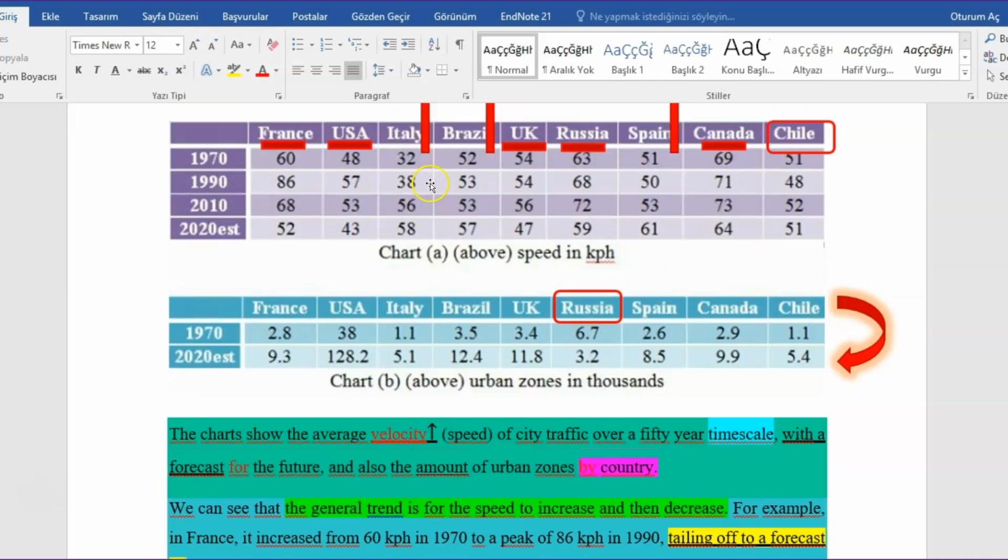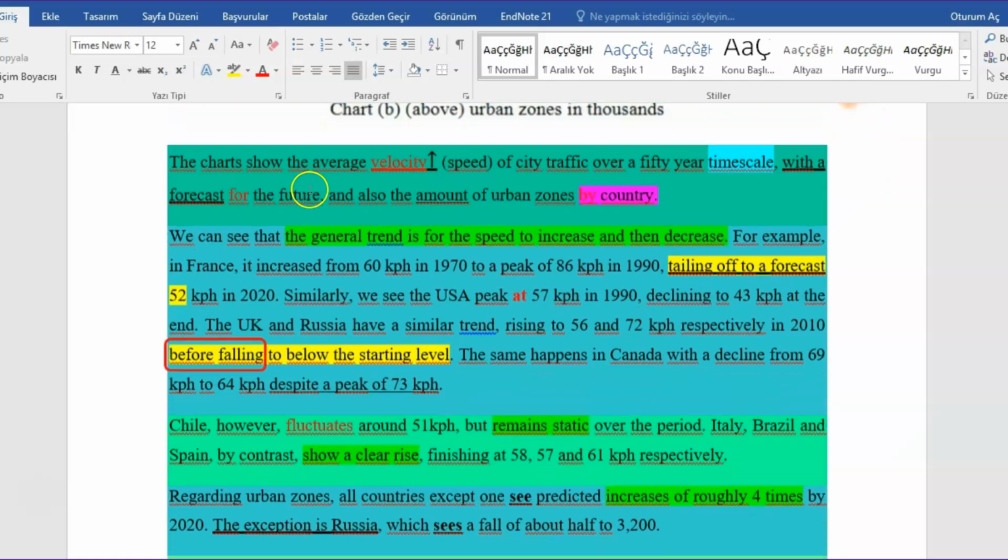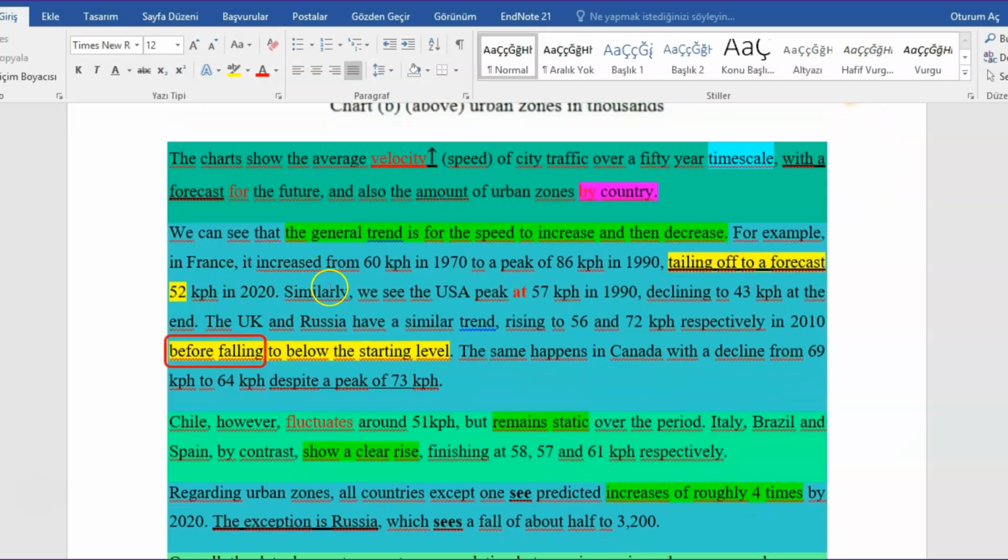Okay, for example, we have to specify it. In France here, the first column, it increased from 60 kilometers per hour in 1970 to a peak of 68 kph in 1990, tailing off and decreasing to a forecast 52 kph in 2020.